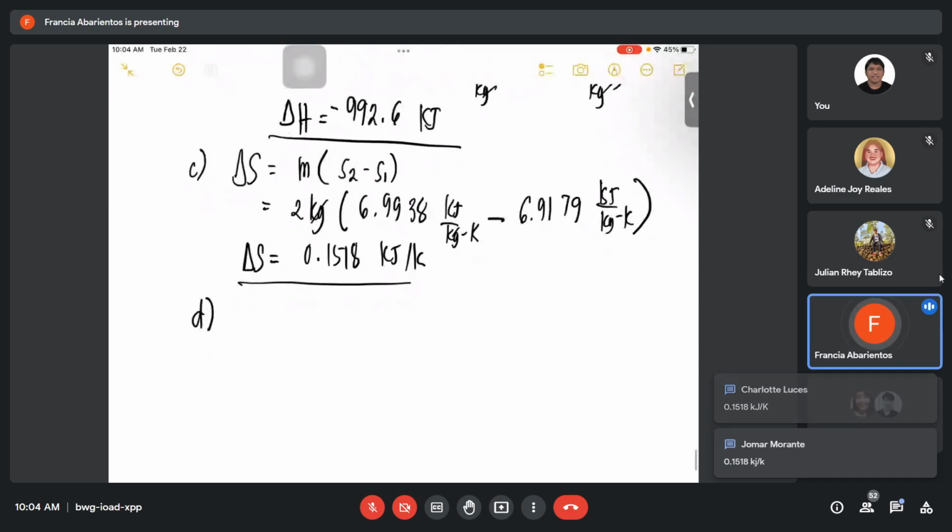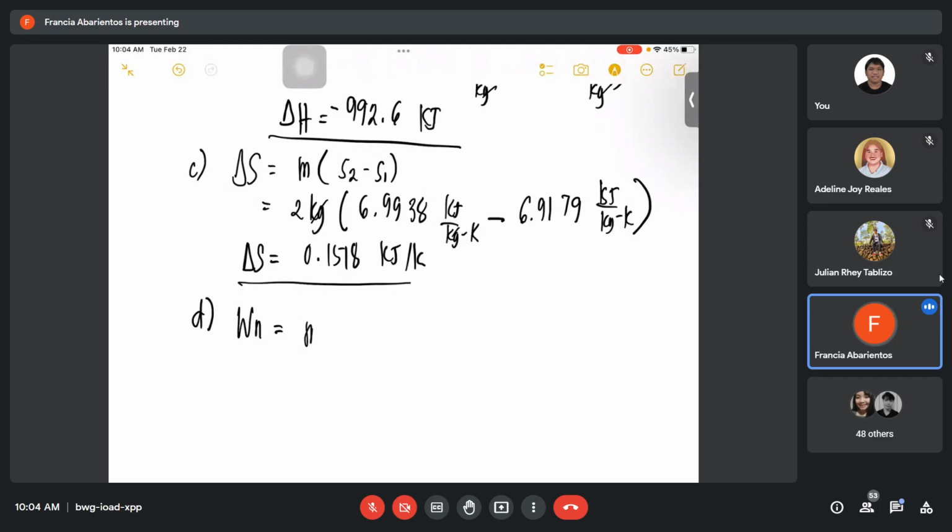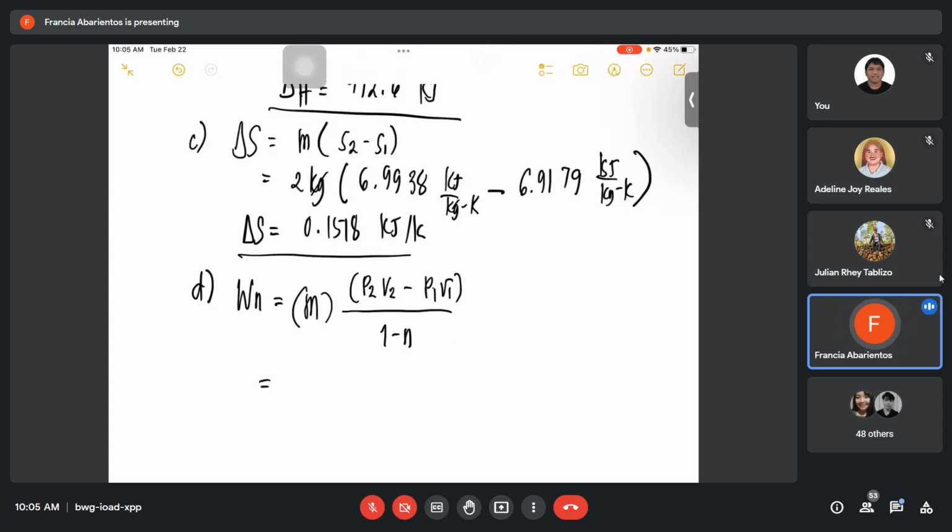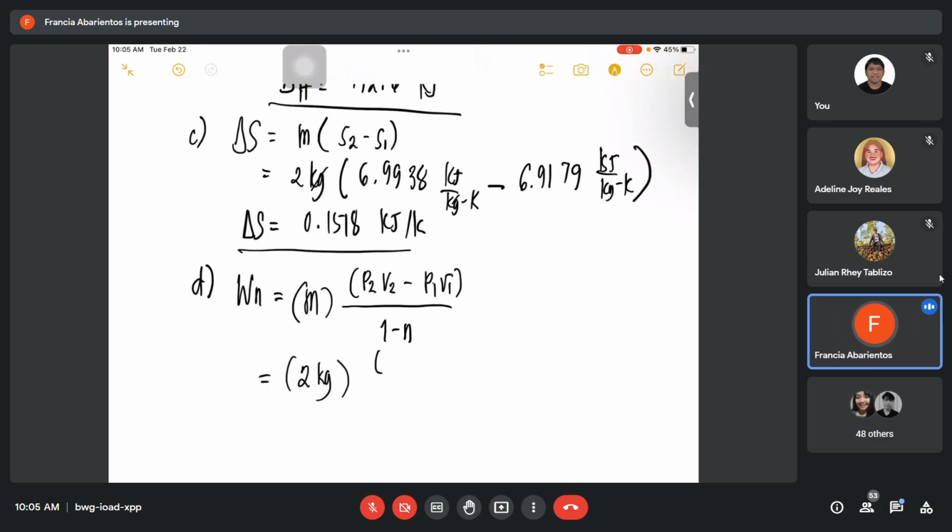Since this is a polytropic process, may mass tayo times the pressure 2, specific volume 2 minus pressure 1, specific volume 1 over 1 minus N. Okay? Given sa atin yung 2 na kilogram, ano yung pressure natin at point 2? 0.10135 MPa times specific volume at point 2.